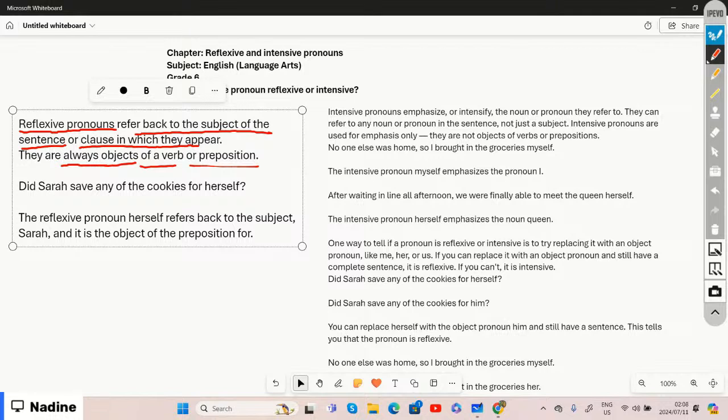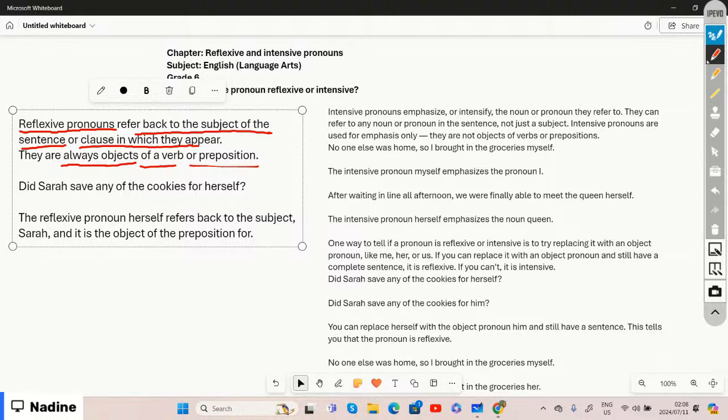Pronouns are words like I, you, he, she, they, and so on. Now a reflexive pronoun refers back to the subject of a sentence.